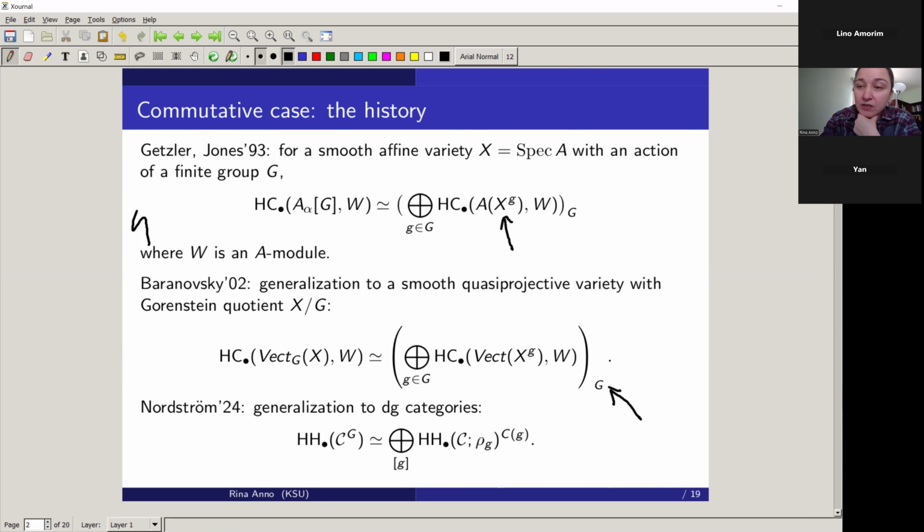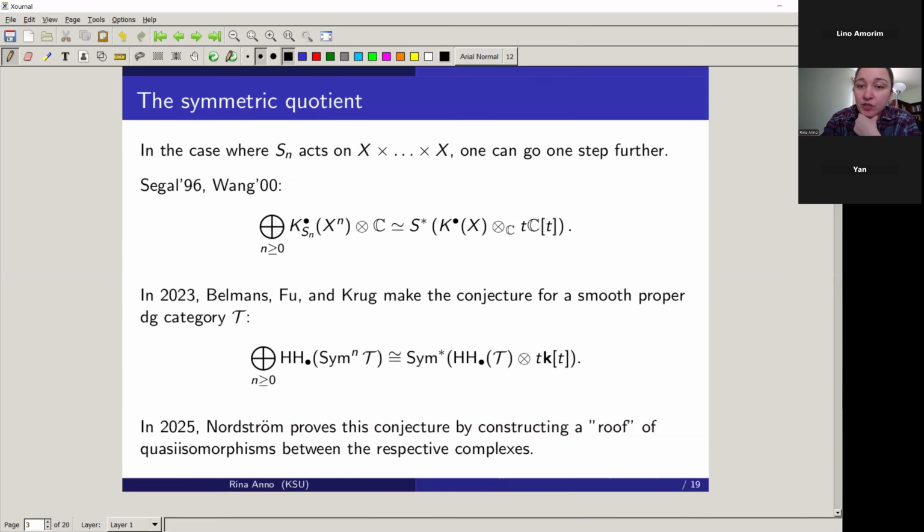So every X^g is isomorphic to several direct copies of X.